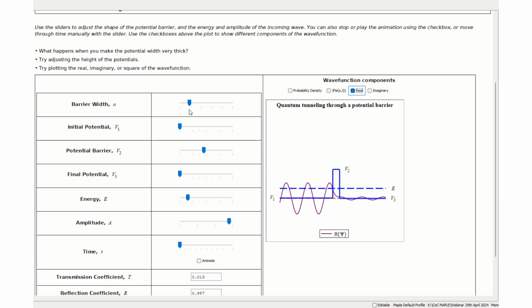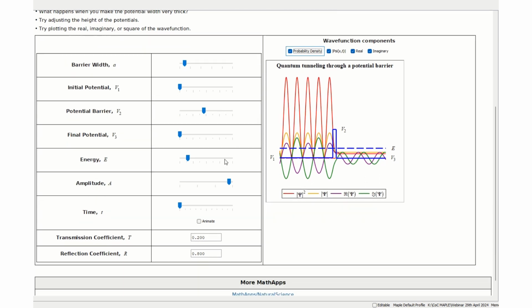If I change the barrier width, you can see how the transmission changes. Then in the same diagram I am introducing the imaginary part, and then psi you can observe, probability density you can observe, and it can be animated over time. So if you change the width, the transmission probability reduces, you can observe.